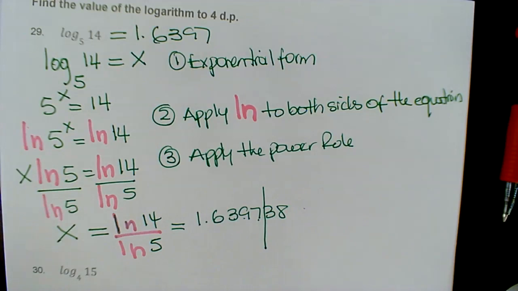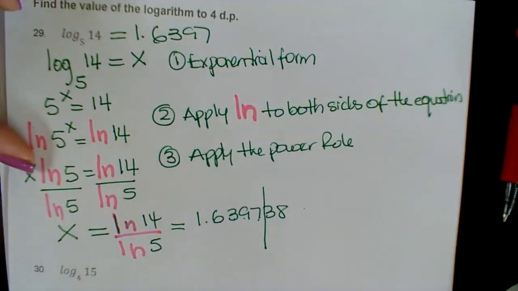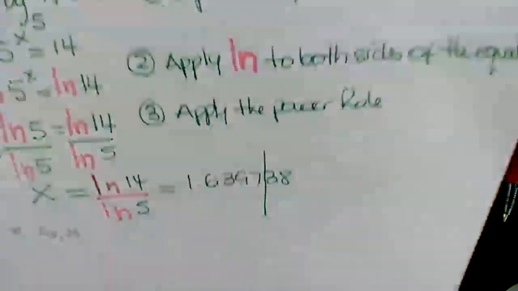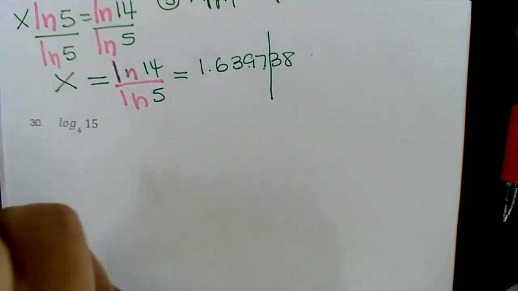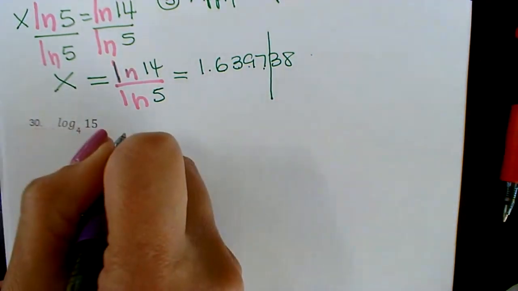Now what I'm going to do is go back. We did from 1 to 30, so let me go back and do the even numbers. This one. What do I do? The exponential form.